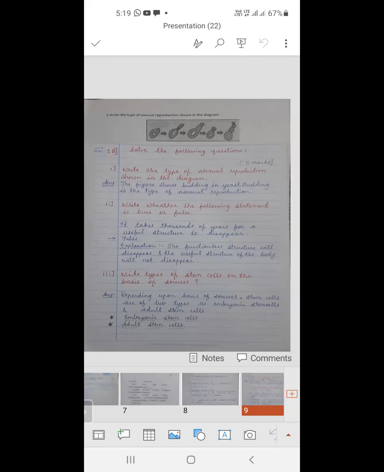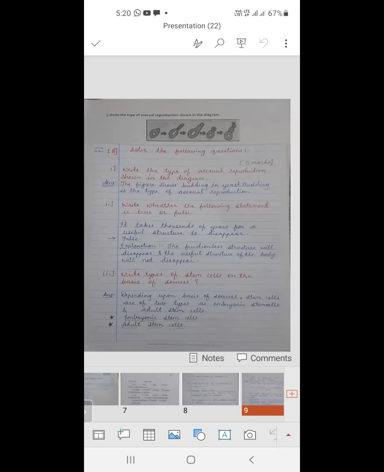Now the next one, the third question: write types of stem cells on the basis of sources. You have to write the types of stem cells and what their sources are. How will you write this answer?